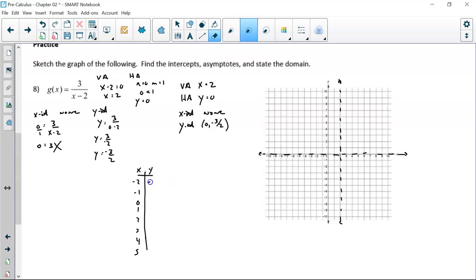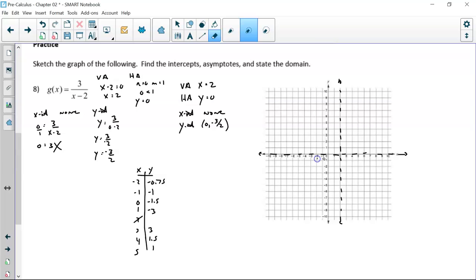You type it in, negative 0.75, negative 1, negative 1.5, 1, negative 3. Now we can't have the 2 because that's where our asymptote is. So when x is 3, 3, and then we're at 1.5 and 1. Excuse me, on the wrong side.